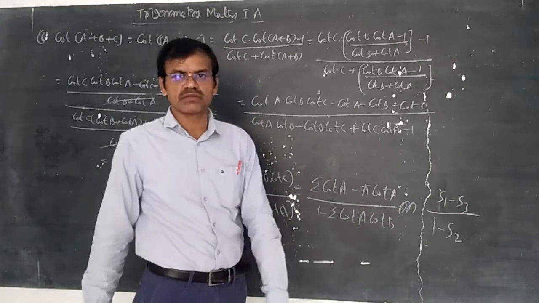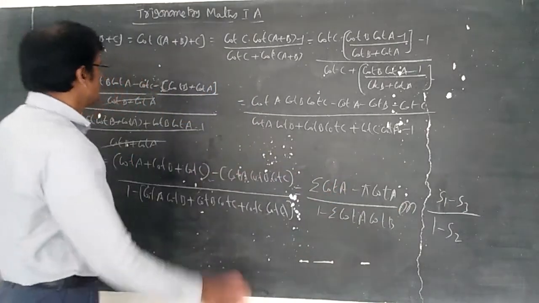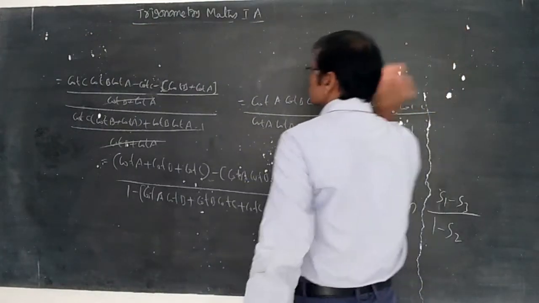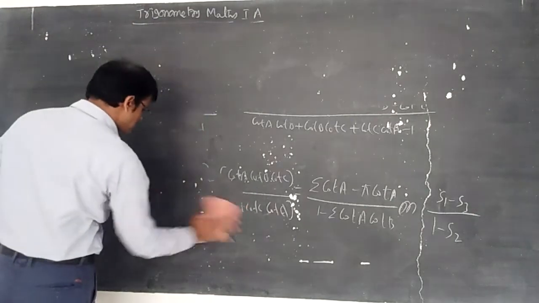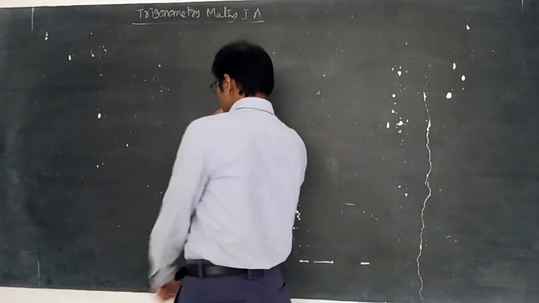S3 means, not summation, it is a product of cot terms taken 3 at a time. These are called trigonometric expansions of formulae. Depends upon compound angles. For every number, of course, these formulae are enough.